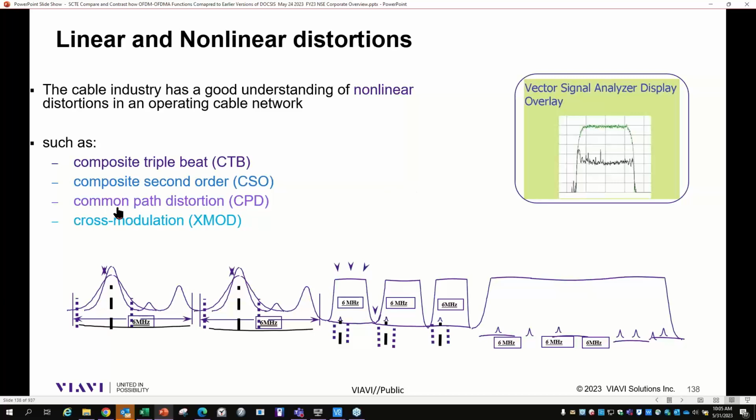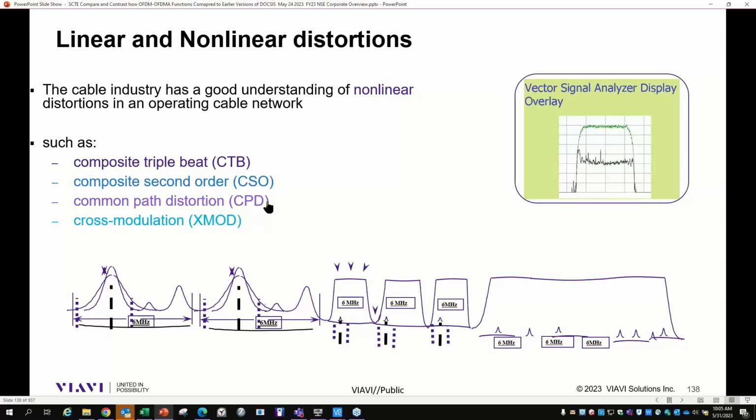The other issue that we deal with is common path. Common path is an issue, right? Because of the coaxial cable or passive devices, the difference between the center conductor being copper and the outer sheath being aluminum, and the corrosion, due to some anomaly, just cracked cable or anything that produces that, and the amount of power and tilt at that particular location, and the mixing of every 6 megahertz channel produces what we call common path.